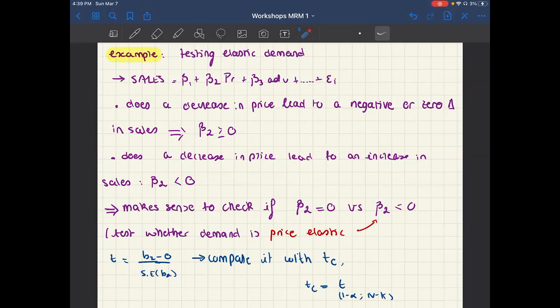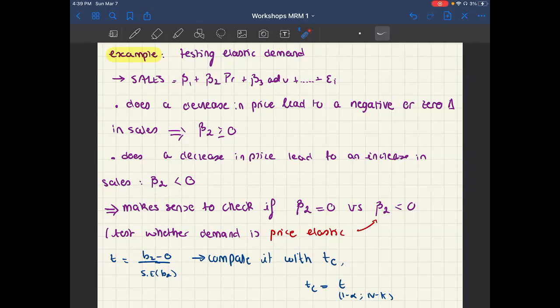And the way you would measure this is by seeing if there's a negative correlation between the price and sales, and that is measured by B2 being negative. So we want to test if beta 2 is smaller than 0. We would set what we want to see as the alternative hypothesis. So HA would be beta 2 smaller than 0, and H naught would be beta 2 equal to 0.